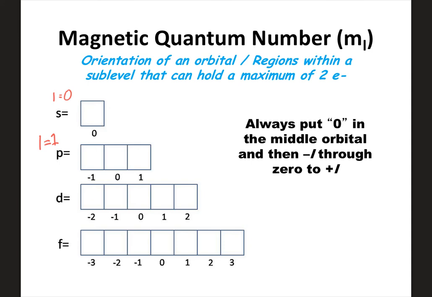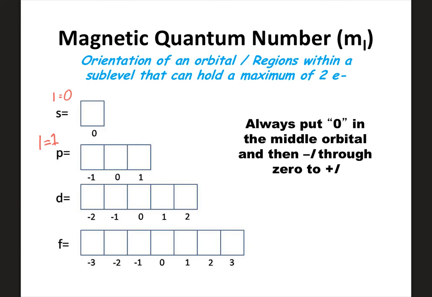It's the same idea here. D's have an L value of 2. So for the D orbital, you can have ML values of -L to +L, so -2 to +2. In your middle orbital, you always put 0. The negatives go on the left, the positives go on the right. And then the same thing for F. F's have an L value of 3.